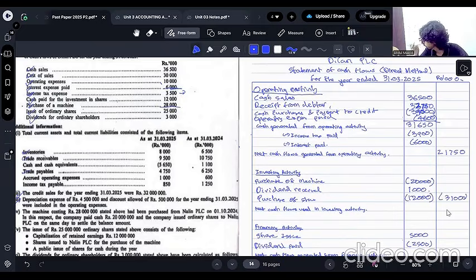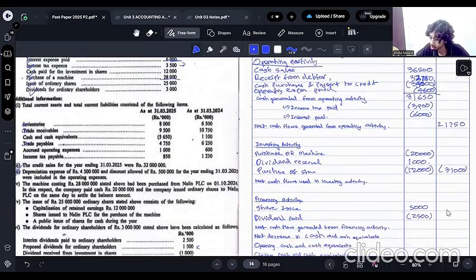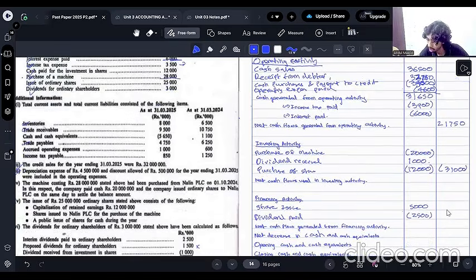And then financing activity, finally, that's gonna be 2,500. Then net cash flows, the total decrease in net cash flow will be 21,750 minus 31,000 plus 2,500, that is minus 6,750.